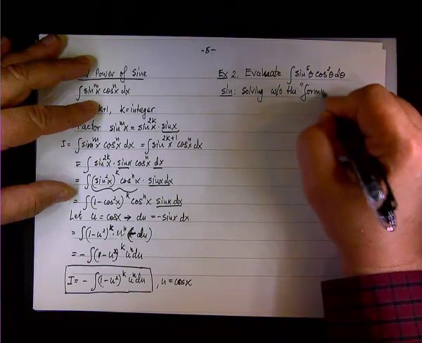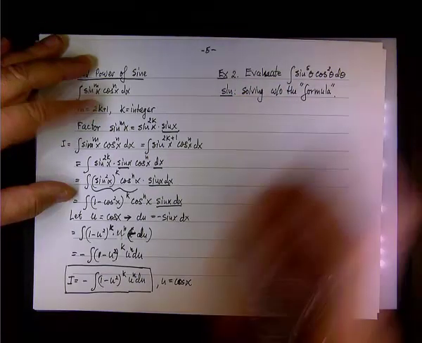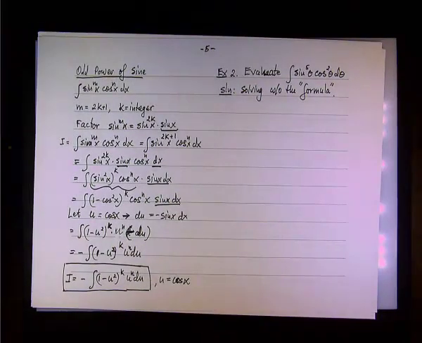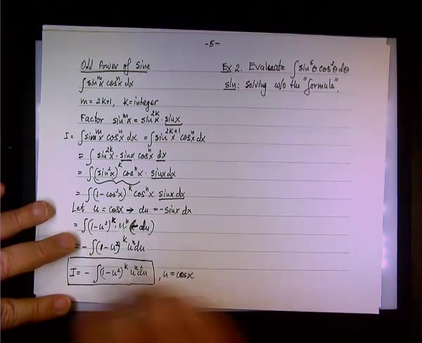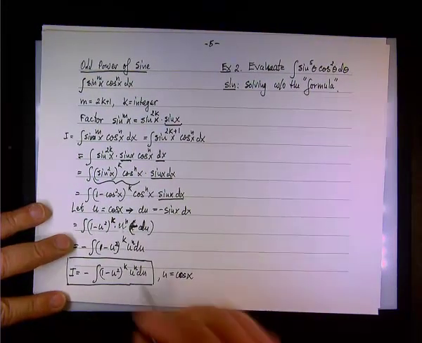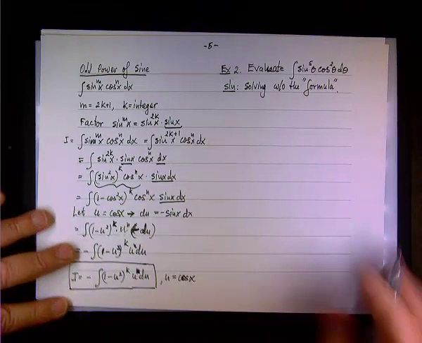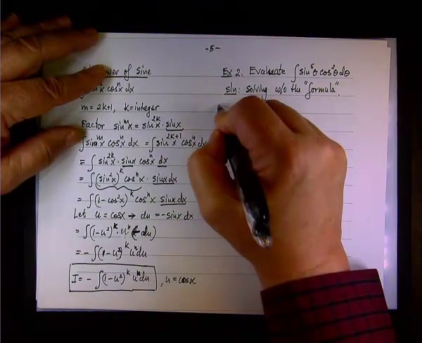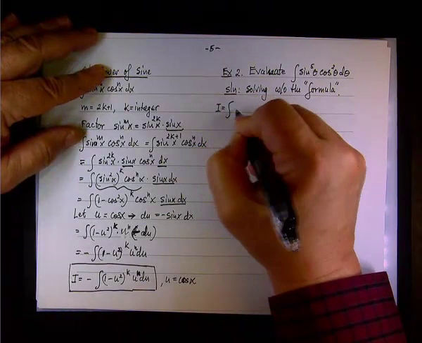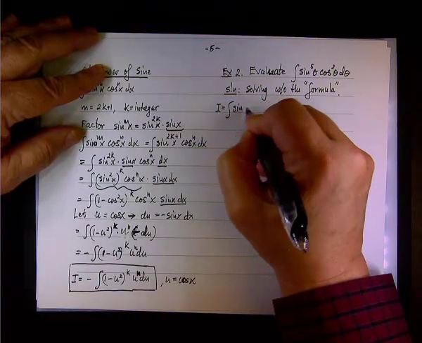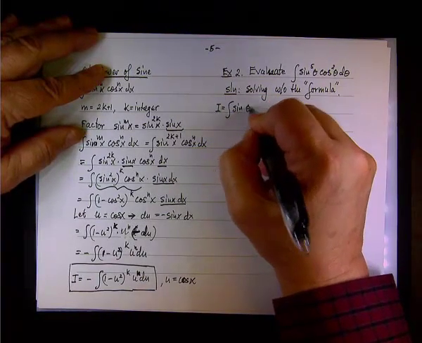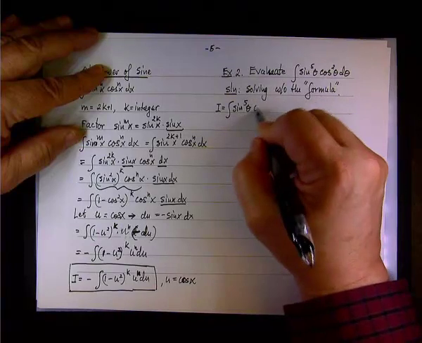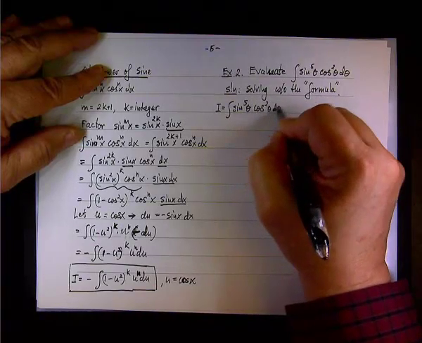Again, what I'll do, I'll write here solving without the formula. So instead of jumping right here and replacing k and n, I just want to go back to the basic idea, and here's the integral.